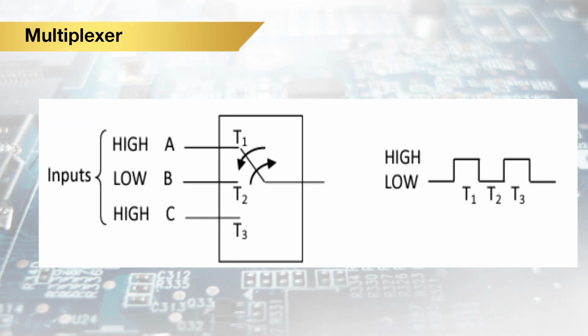That means at first time A is received from the input and A is transmitted at the output. In the second time B is received from the input and it is transmitted to the output line. In the third time C is received at the input and it is transmitted at the output. So, we will get this kind of output pattern as shown in the figure.